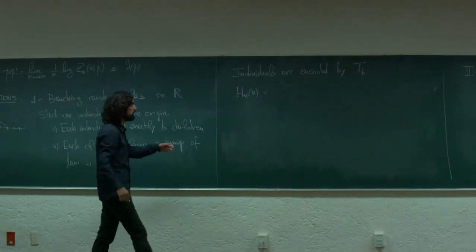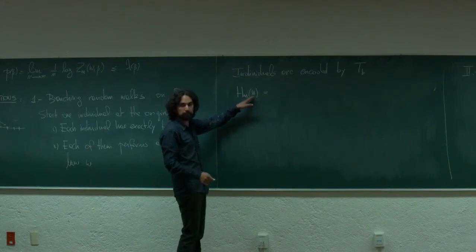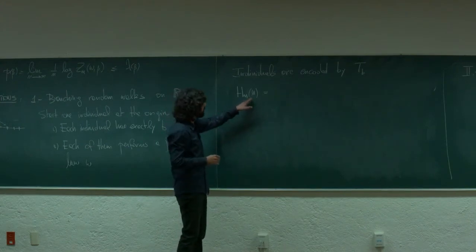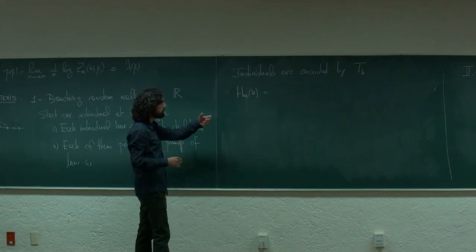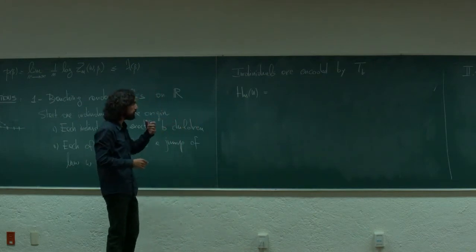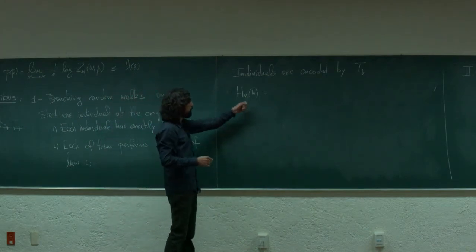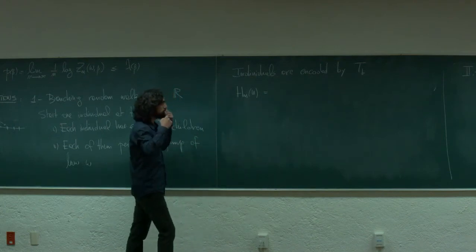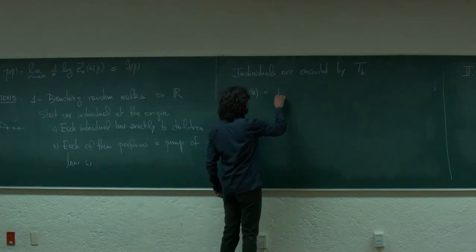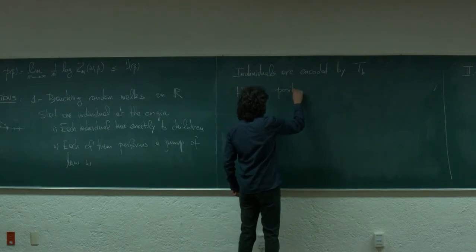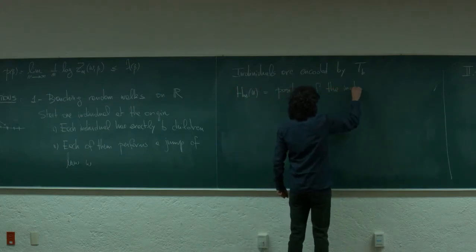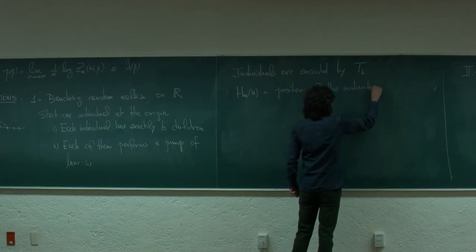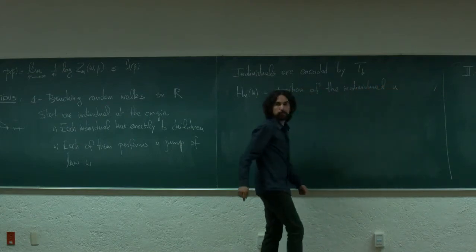So let's say this is the energy of the unique path that has u as a final point. So this is just the sum of all the omegas over the trajectory of this path, or the sum of all the omega over all the parents of u. So this is just the position of the individual u.